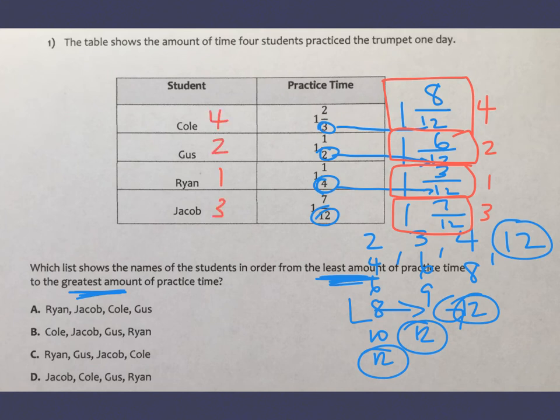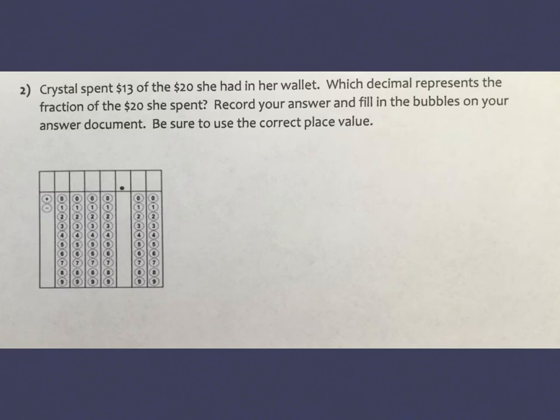Where is that in the answer choices? Ryan has to be first. Ryan, Jacob, Cole, nope, so it must be Ryan, Gus, Jacob, and Cole. Answer choice C.